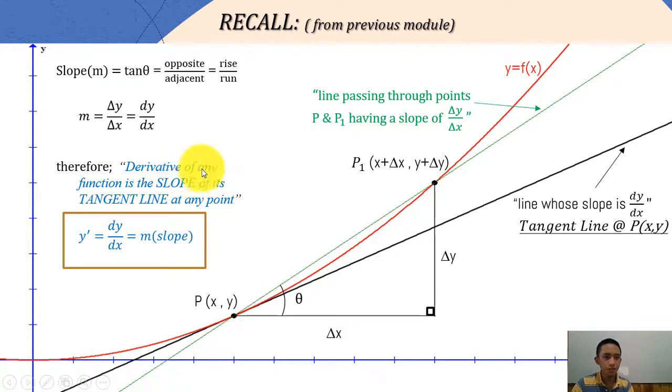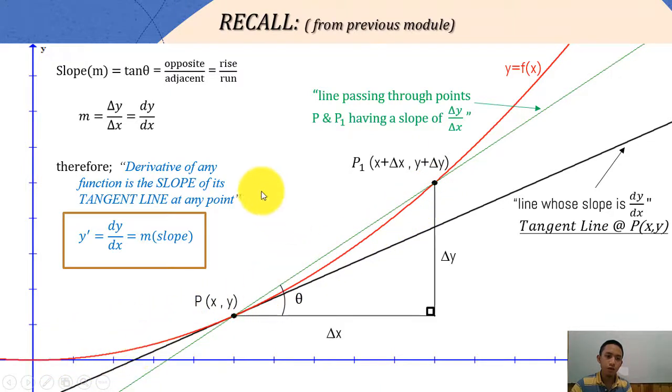The derivative of a function is the slope of its tangent line at any point. I discussed this on the previous module. If you get the derivative of a function, let's say y is a function of x, the derivative of that represents the slope at any point that you consider within this function.